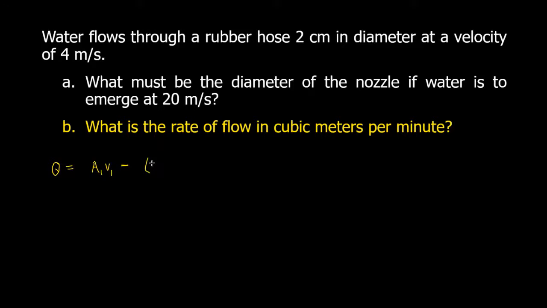That is pi times, gawin nating cubic meters, 0.02 quantity squared divided by, this is in meters na, yeah, and divided by 4 times ano yung velocity, that is 4 meters per second. So that is 1.26, I guess. Wait lang.